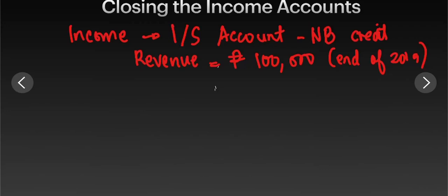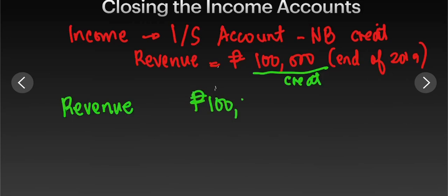The idea of closing is to make the balance 0. So if the normal balance of an income is a credit, this 100,000 is actually a credit. In order to close it and to make it 0, the revenue account will be debited. By how much? By 100,000.